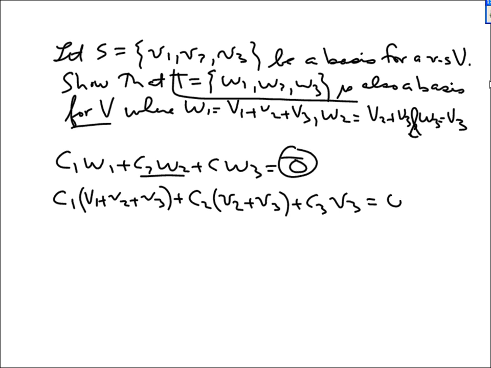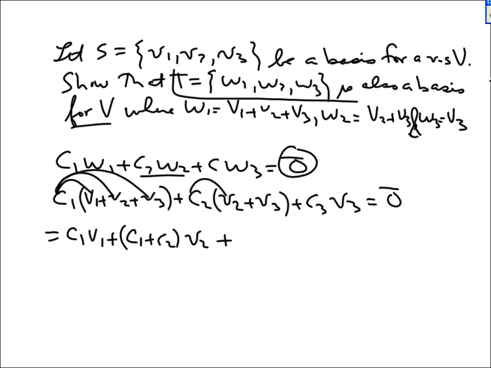And this still equals the zero vector. Well, combining this is C1V1 plus, well, we have a couple of V2s. We have C1 plus C2 V2s. When it comes to V3, we have C1 V3 plus C2 V3 plus C3 V3. And this is zero. But now we have a linear combination of V1, V2, and V3.